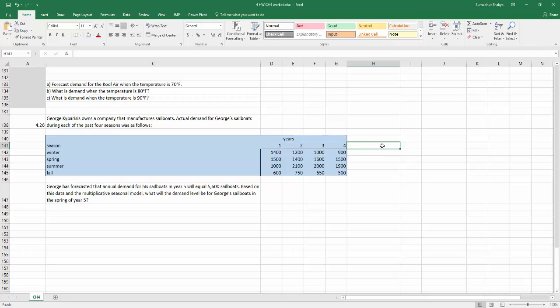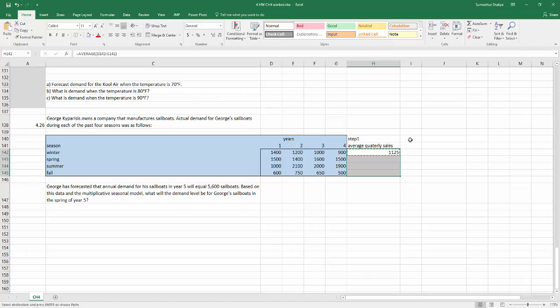So first thing is we divide this in a few steps. Step 1, I would suggest, is to calculate the average quarterly sales. So first thing is, let's find out what the average quarterly sales is.